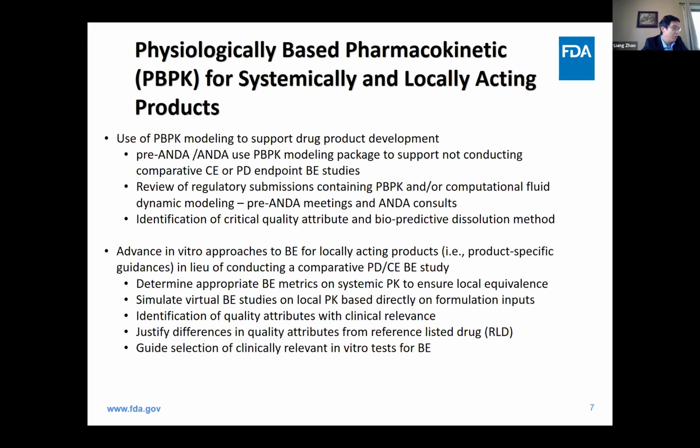It can be used to determine appropriate BE metrics on systemic PK to ensure local equivalence, to conduct virtual BE simulations on local drug exposure based on direct formulation inputs, to identify formulation quality attributes with clinical relevance under the associated BE space, to justify small Q3 differences in quality attributes between test and the reference, to guide selection of clinically relevant in vivo BE studies.